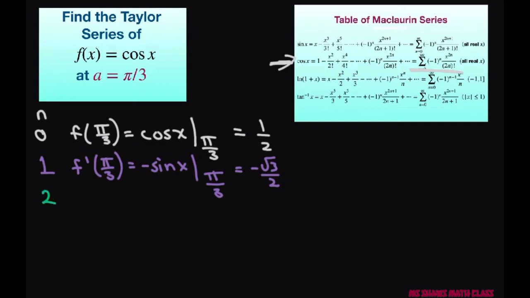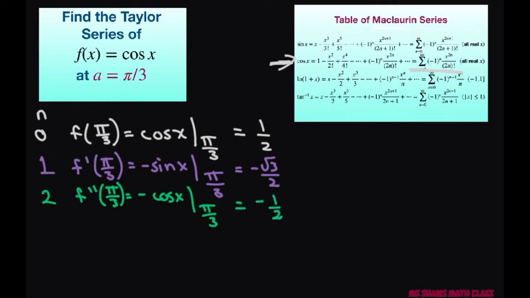Then for n = 2, we have our second derivative at π/3, and that equals negative cosine of x evaluated at π/3. That equals negative 1/2.